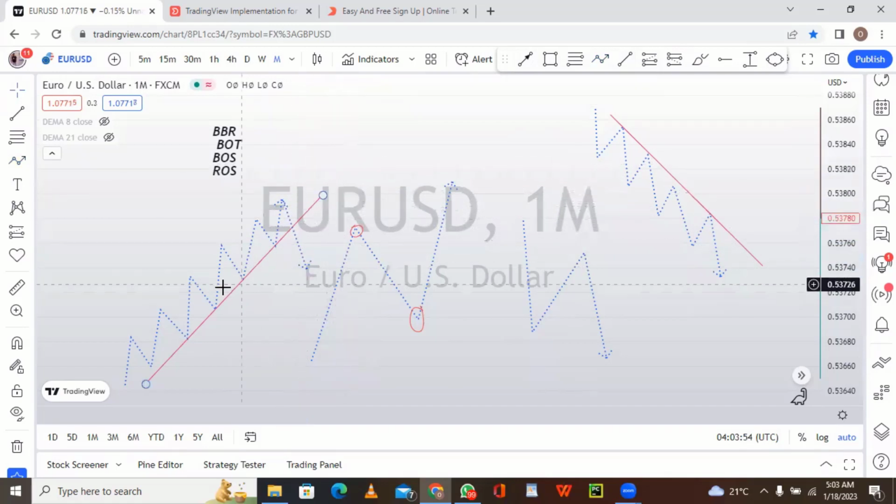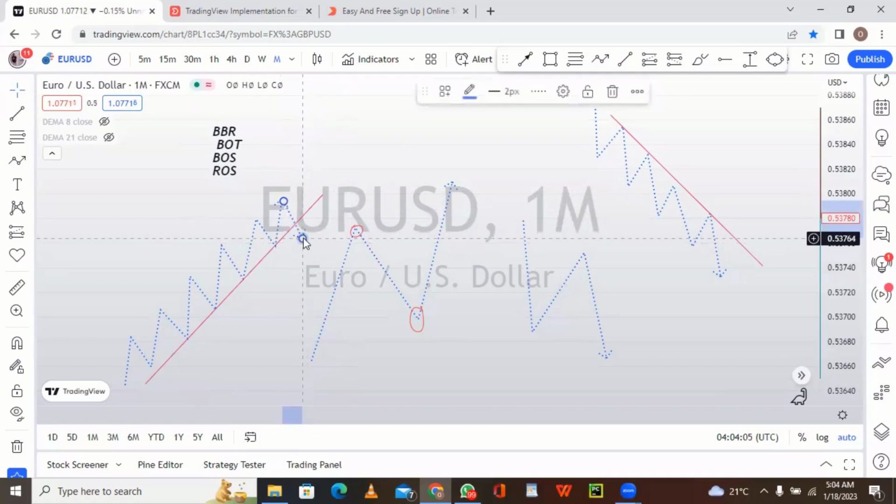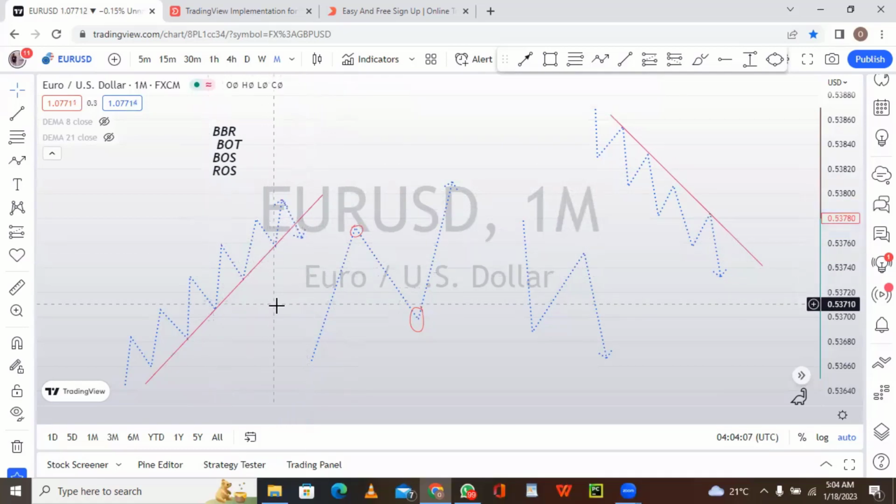Okay, so once the trend line is broken, the next thing you want to observe also is, okay, at this particular point, the trend line is broken, but structure has not been broken.